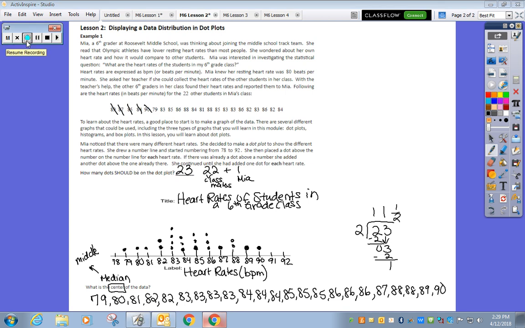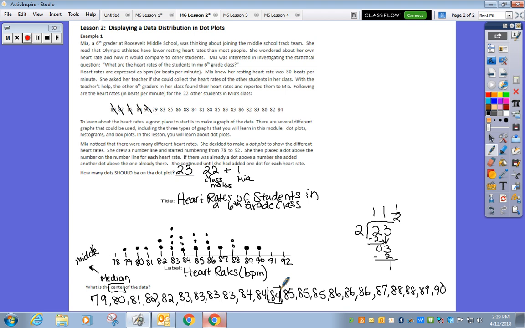When you're dividing by 2, you're either going to get a whole number or a whole number and a half. So if you get 11 1/2, what that means is you'll count till you get to the 11th number on the list. So 1, 2, 3, 4, 5, 6, 7, 8, 9, 10, 11. And it's going to be the very next number. So it's actually going to be the 12th number on the list. In this case, that would be our median.